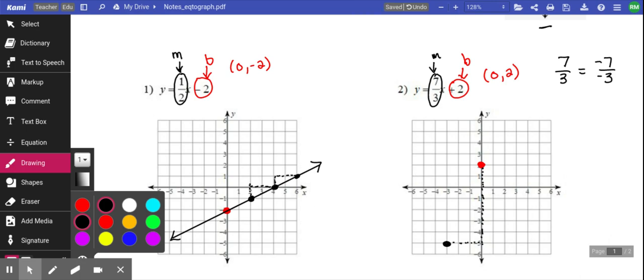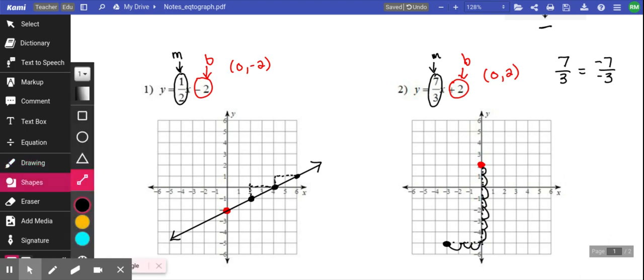You can double check that by counting 1, 2, 3, 4, 5, 6, 7, and then 1, 2, 3. And now we have our 2 points. Let's go ahead and draw our line. Line's a bit off here, but that's okay.